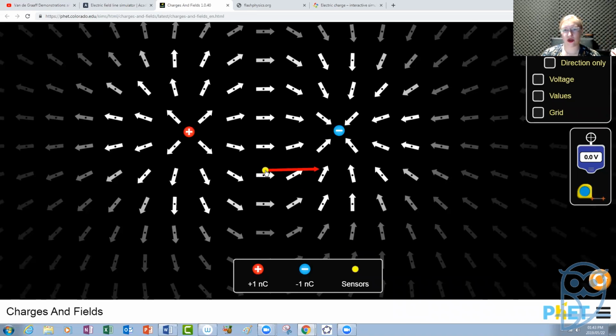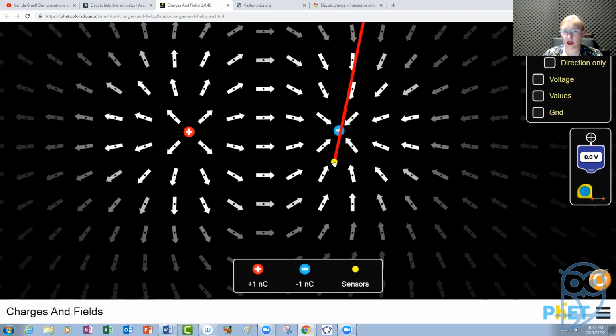It's just to show you that the closer you get to an object, the bigger the force that object will exert on it. So the closer we get to the positively charged atom over here, the bigger the force this atom will exert on it. If we move very far away, then the force will be almost nothing.